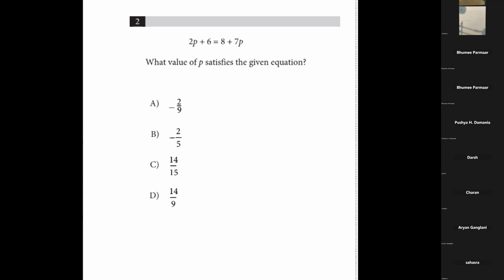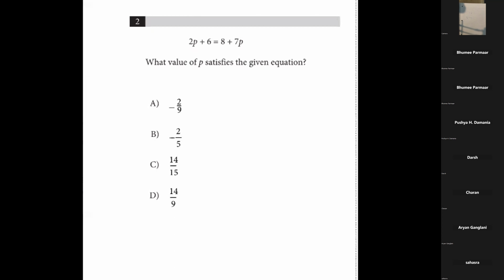Okay, so for these types of problems, usually you're given a word or a phrase, and you have to translate that into a symbolic form or an equation. But for this question, they already gave it to you in symbolic form, so you don't really need to do any of that.